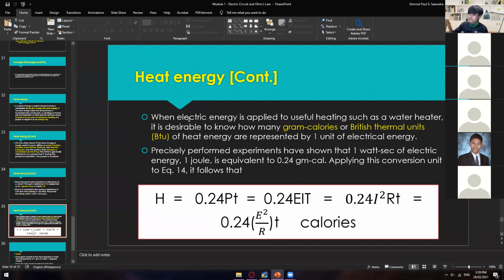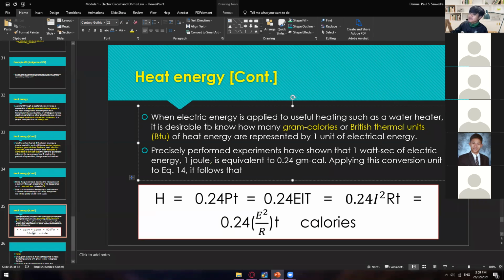So heat energy. When electric energy is applied to useful heating, such as a water heater, it is desirable to know how many gram calories or British thermal units, in other words BTU, of heat energy are represented by 1 unit of electrical energy.